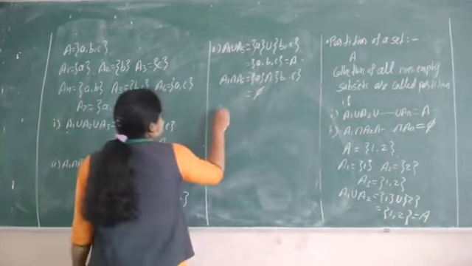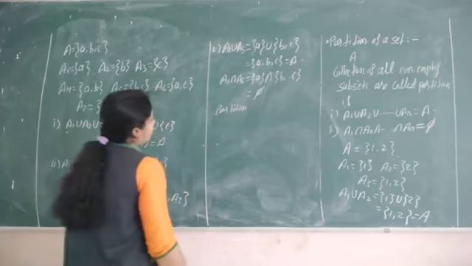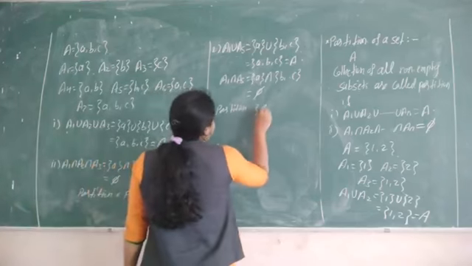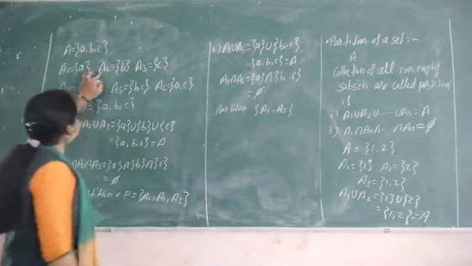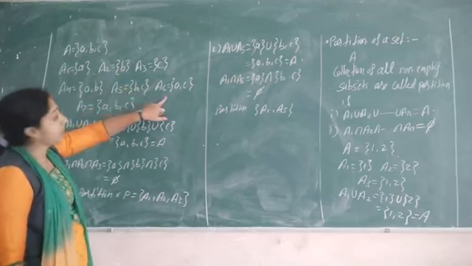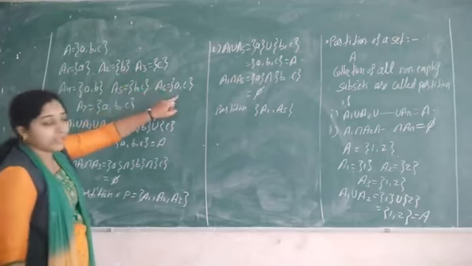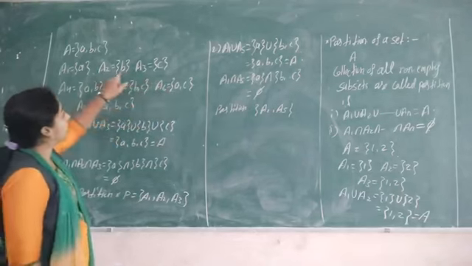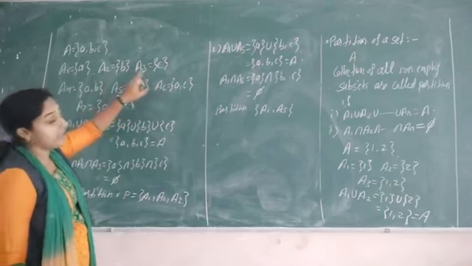So the next partition is A1 and A5. We can find many partitions from one set. Similarly, here we have A2 is {B} and A6 is {A, C}. If you take the union of these two, you will get {A, B, C}. If you take the intersection, there is no common element between A2 and A6, so you will get empty.